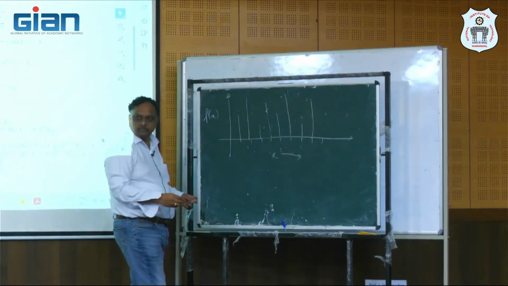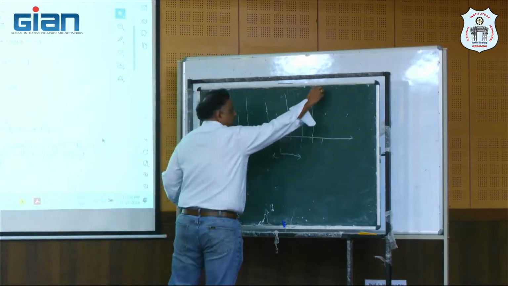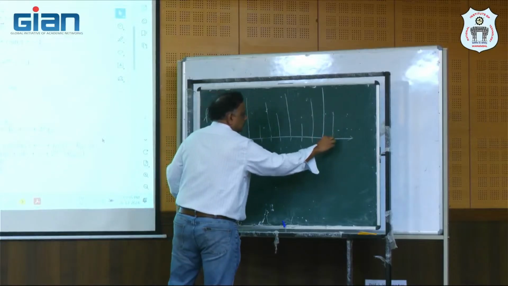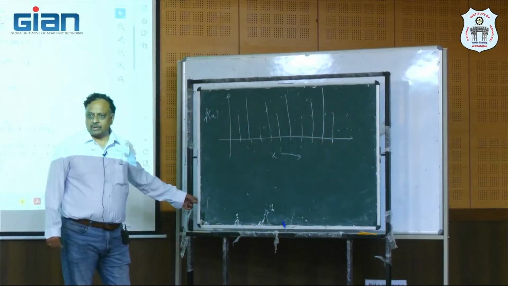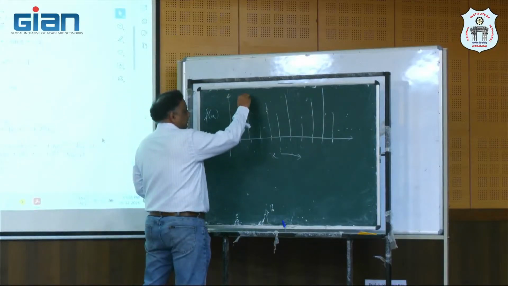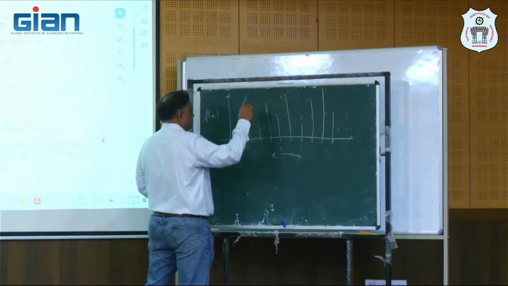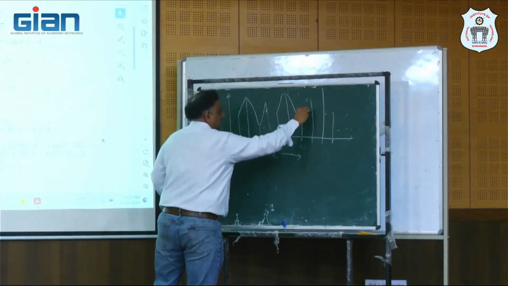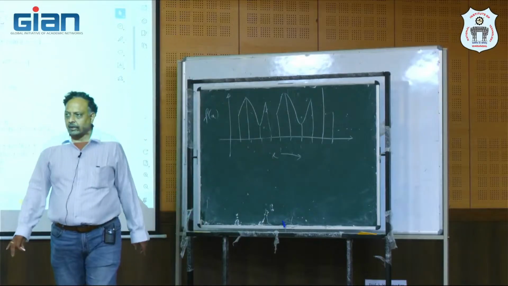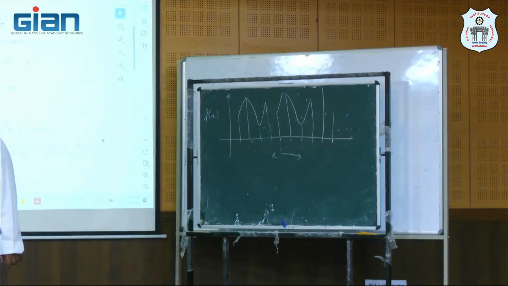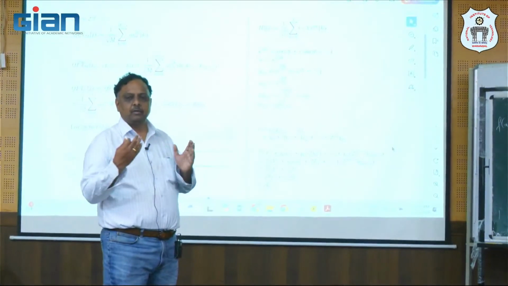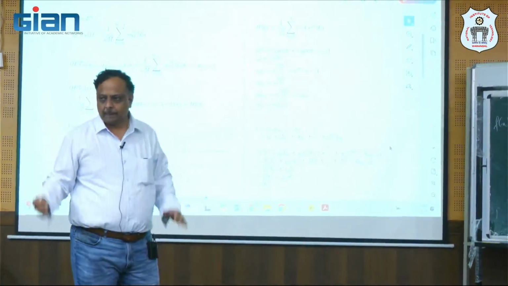Then again it repeats. Then we say it is a periodic function. There is a periodicity. So the function has certain values, and then we do a translation, and those values repeat. That is the periodicity.